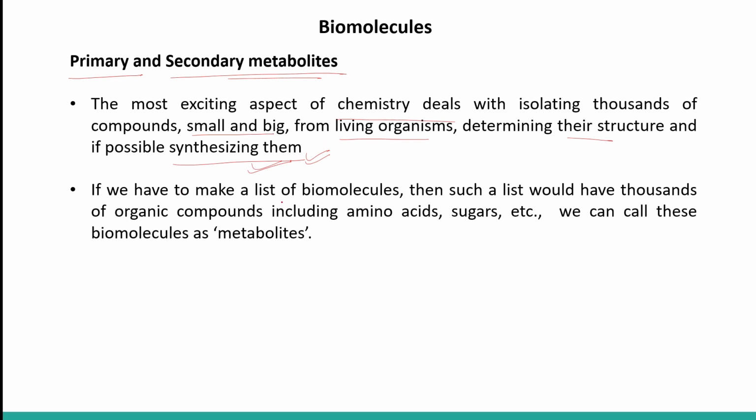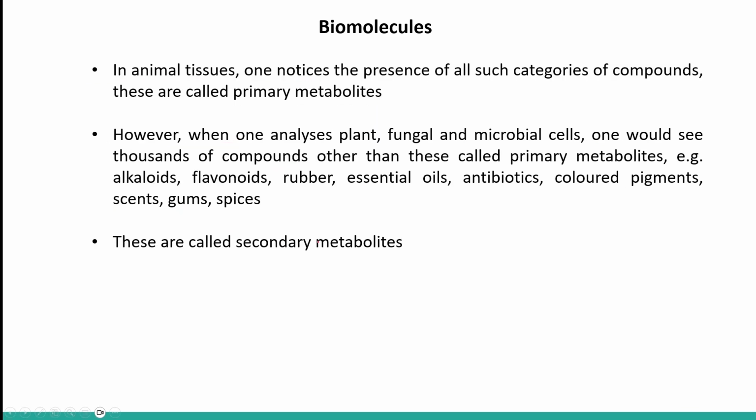So we have to make a list of the biomolecules. Such a list would have thousands of organic compounds, including amino acids and sugars. Those are called metabolites. In animal tissue, one notices the presence of all such categories of compounds. They are called primary metabolites.